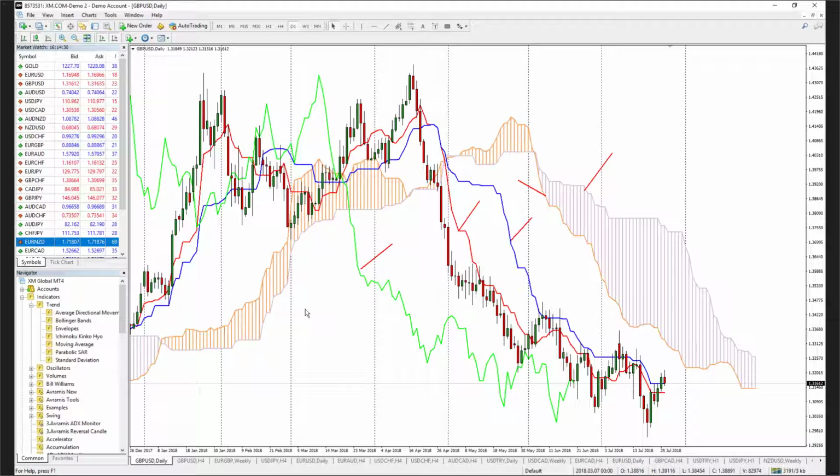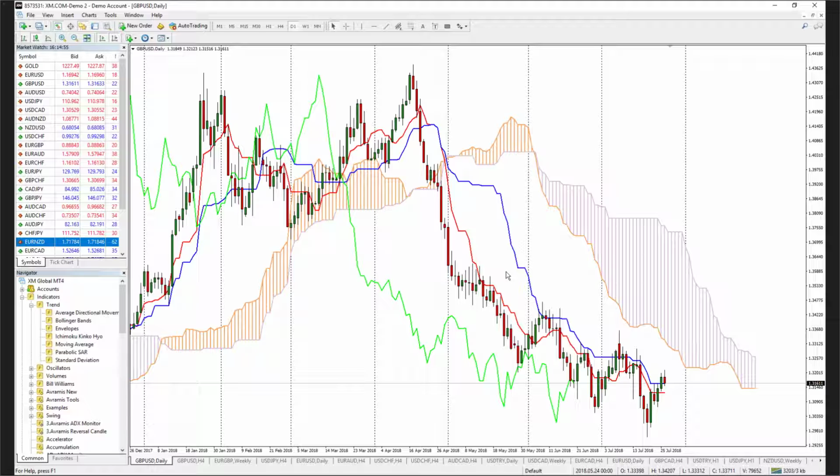What's important to understand is that, as we're going to see in how they're constructed, they're essentially moving averages, in a slightly different way than our normal moving averages. But essentially they are various types of moving averages.